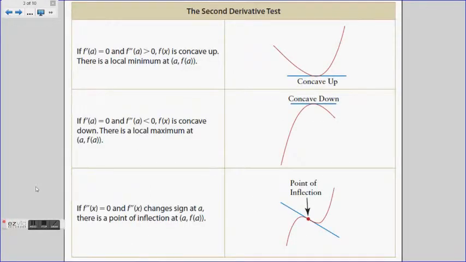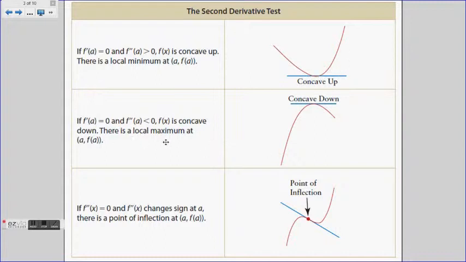What that means is that we can take the second derivative and use it as a test to figure out if the function is concave up or concave down. I've summarized everything into a nice table for you. If your second derivative is positive, then you are concave up.